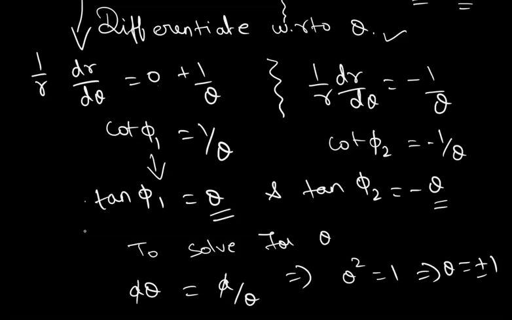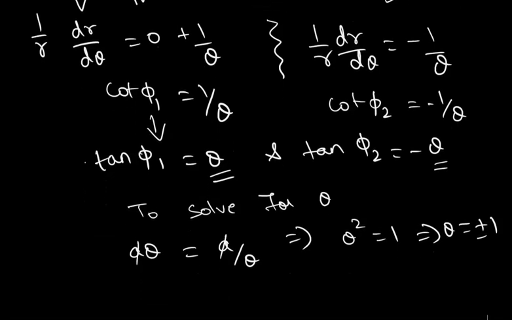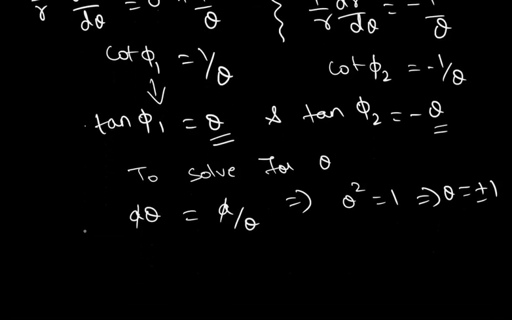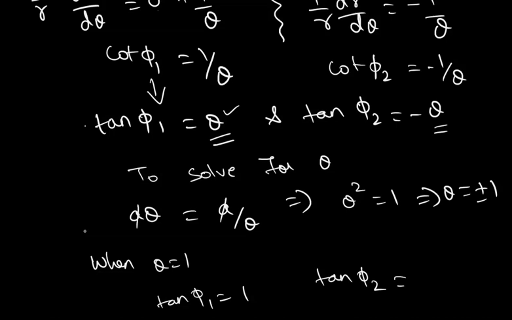If you take theta as plus 1 or minus 1, in both the cases, when theta is plus 1, what is tan phi 1? Tan phi 1 is 1 and tan phi 2 is minus 1. So when you multiply these two, tan phi 1 into tan phi 2, you will get minus 1.